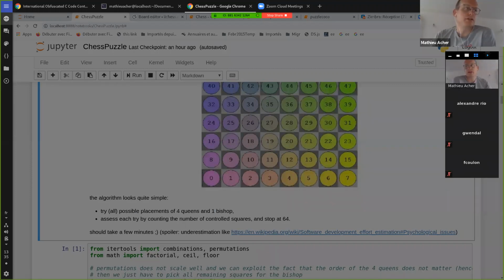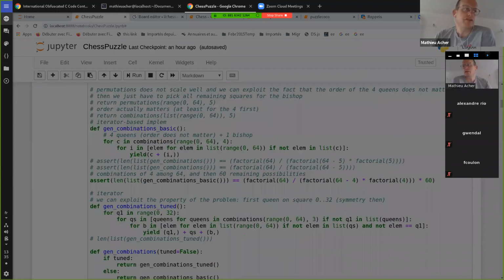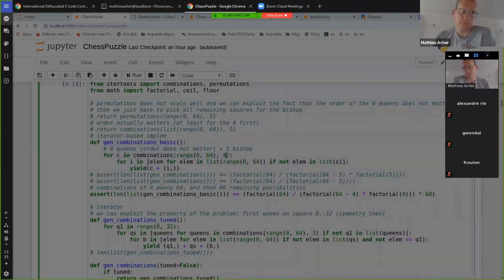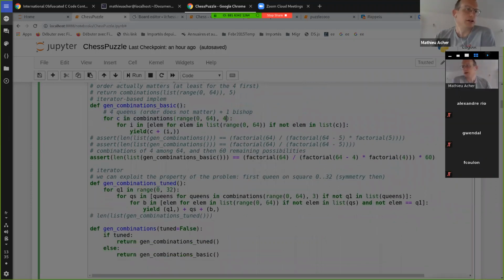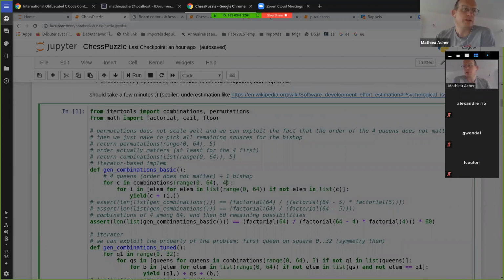So it's what I did here basically. I first select a number between 0 and 64 4 times, and then I place the bishop here.